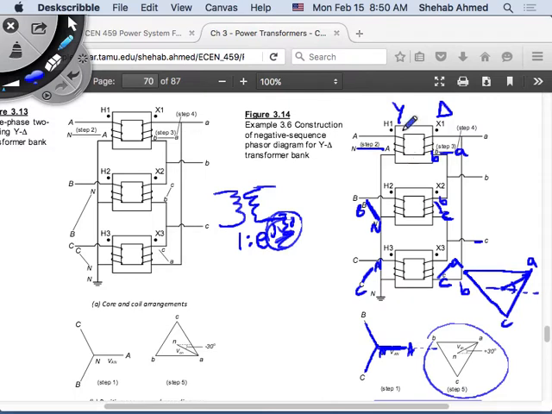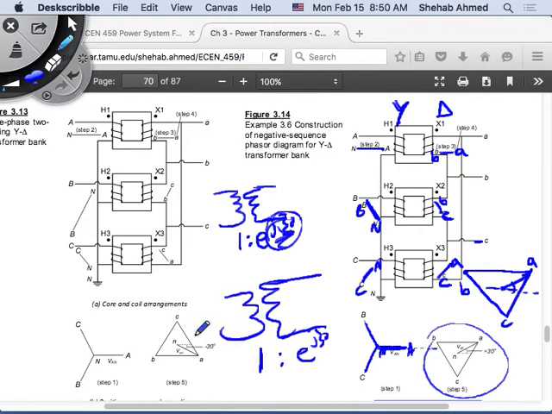So this is a star delta transformer. So even though this was my high voltage side, we ended up with this. Now, remember, I'm drawing my single phase equivalent circuit. In the single phase equivalent circuit, this side is now leading, this phase voltage on phase A here is leading the phase voltage on the primary side by 30 degrees.